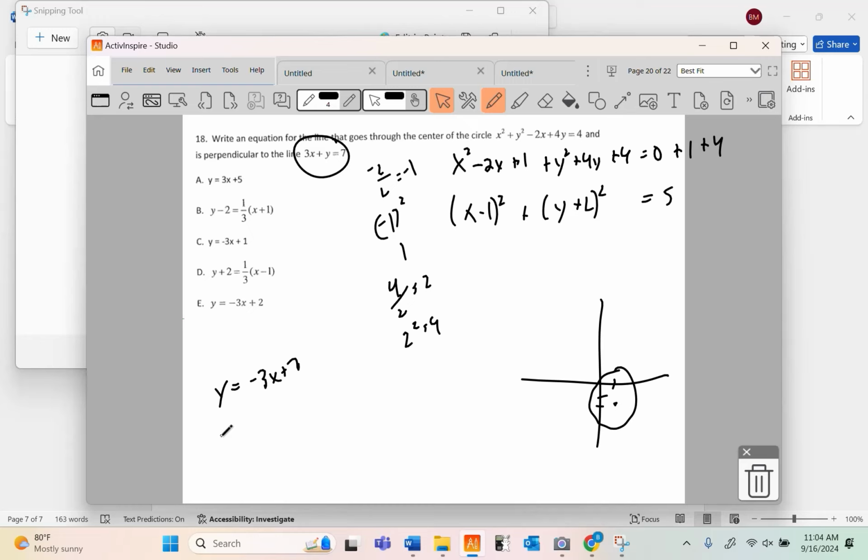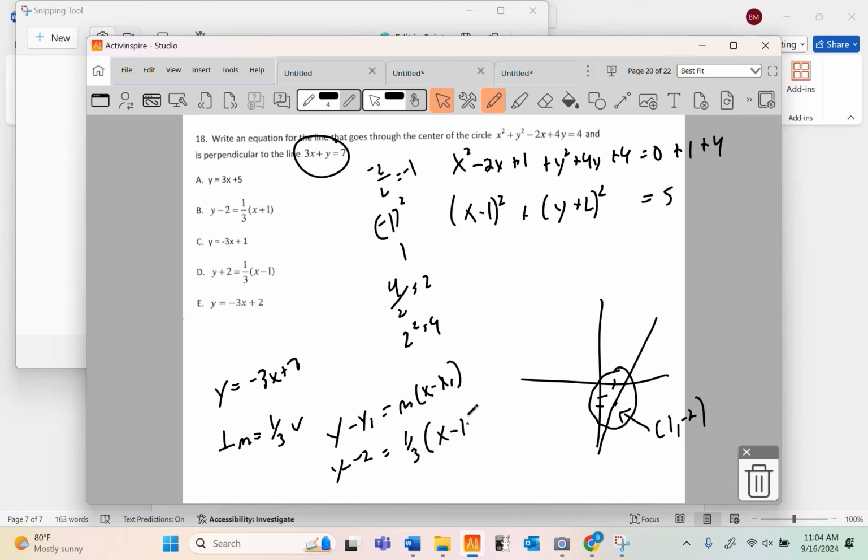Okay. The perpendicular slope would be 1/3. Now we're going through the center with an increasing slope. This is the line you're writing an equation for. Now what's cool is you know the center's at 1, negative 2, and you have a slope. So we're going to use point slope form. y minus negative 2 equals 1/3 of x minus 1.